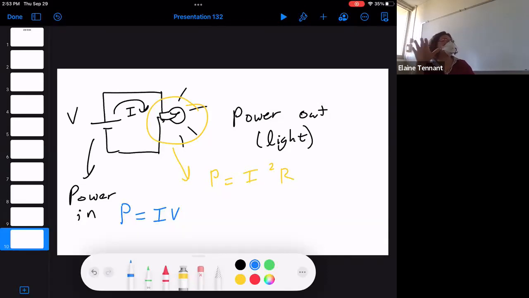There is a limit to what your battery can power. So the idea is your battery is a physical thing, and while it might be a 6-volt battery, there's only so much current it will support. So it's really this combination of current and voltage that you need to think of when deciding, is this battery suitable for my purposes? Okay.